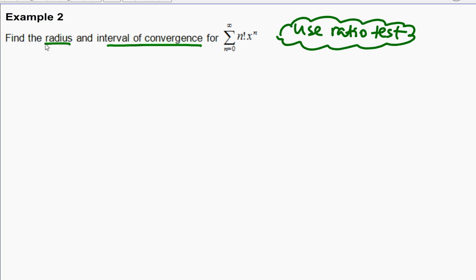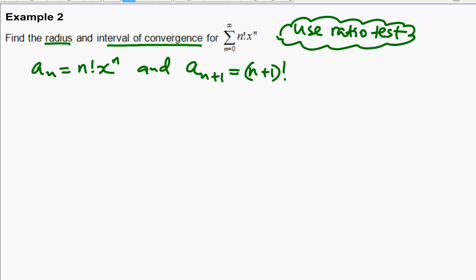From previous examples, when I used the ratio test, I started by writing a sub n, which is in this case n factorial x to the power n, and a sub n plus 1, which is n plus 1 factorial x to the power n plus 1. And then we can go ahead and plug this into the formula for the ratio test.